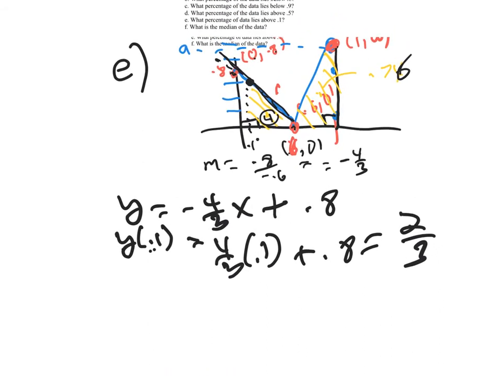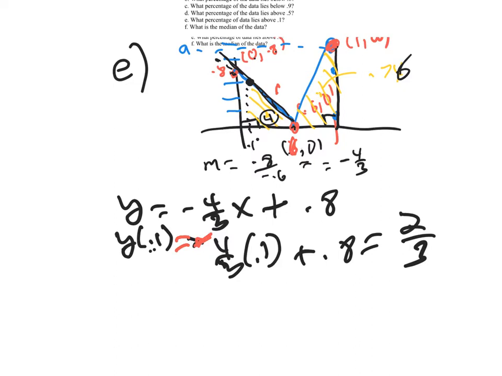The negative was the slope, negative 4/3. Are you sure it's 2/3? I don't remember that from yesterday. Did you use a negative in front of the slope? Negative slope. Yeah. Double check. Negative 4/3 times 0.1 plus 0.8. You agree with 2/3? Yeah.